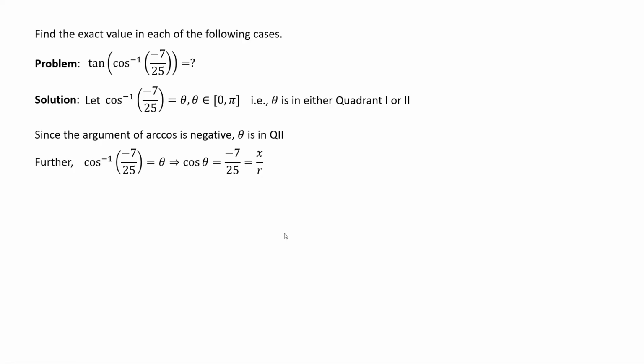So we'll draw once again our figure. This time we'll show the angle theta in the second quadrant and immediately identify x to be negative 7 and r to be 25. Then use the Pythagoras theorem: this must be the square root of 25 squared minus negative 7 squared, that's the leg, which is 24.